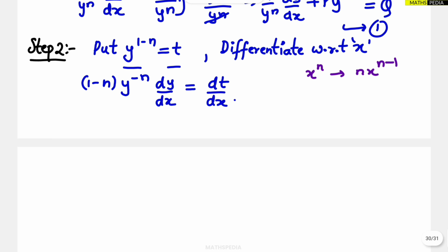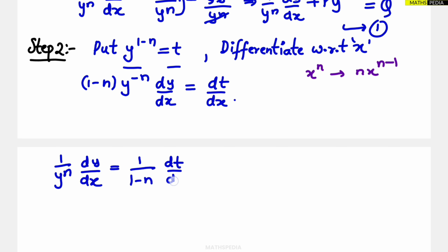Now we are going to simplify the above equation. I can write it as 1 by y power n into dy by dx equal to 1 by 1 minus n into dt by dx. Yes, this is possible. I am just bringing this to the other side of the equal sign, and y power minus n becomes 1 by y power n.